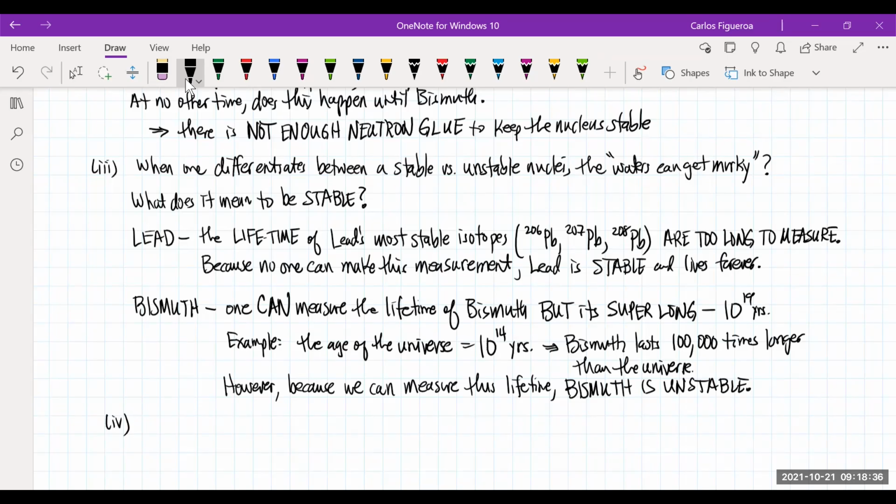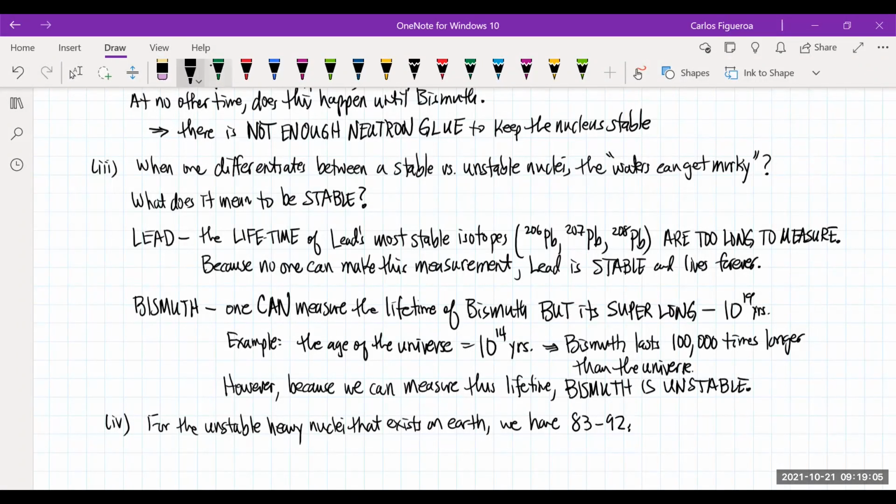So for the unstable heavy nuclei that exist on Earth, we have 83 to 92.